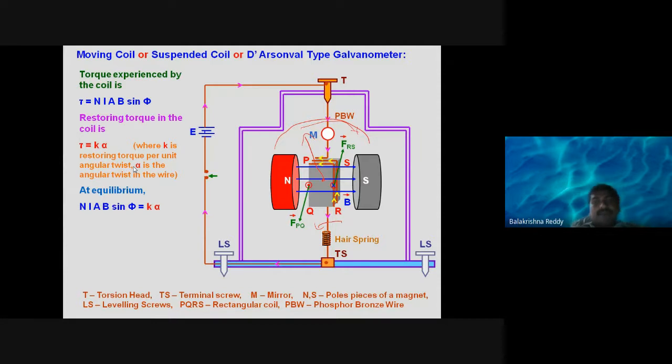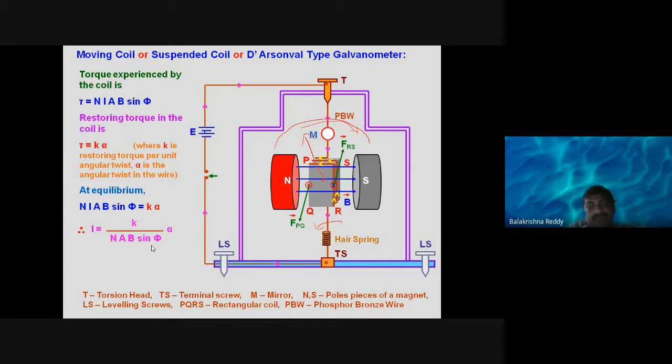Okay, now at an equilibrium condition, I am taking the produced torque and the restoring torque. Both are torques only, so I can equate those. The moment I have equated, I have the current. When I make it the subject, current equal to k by NAB sine phi into alpha. Now look at this, k, N, A, B, sine phi are all constants here. Why do I say constant? Magnetic field is constant.